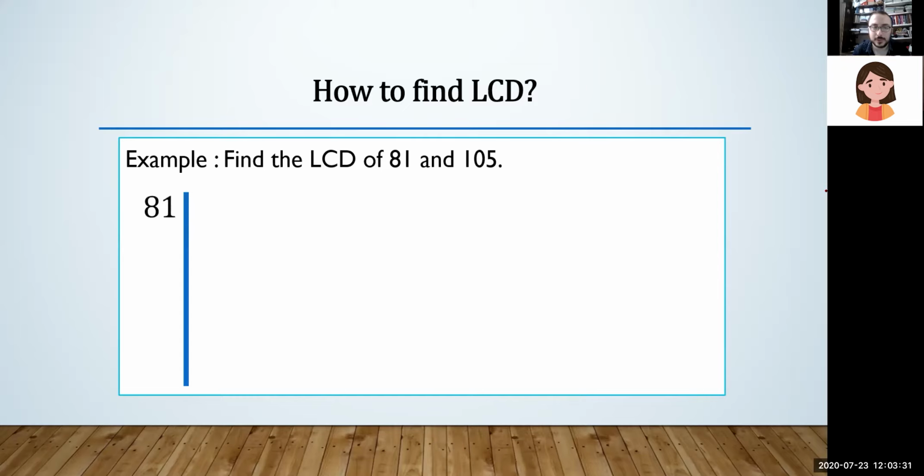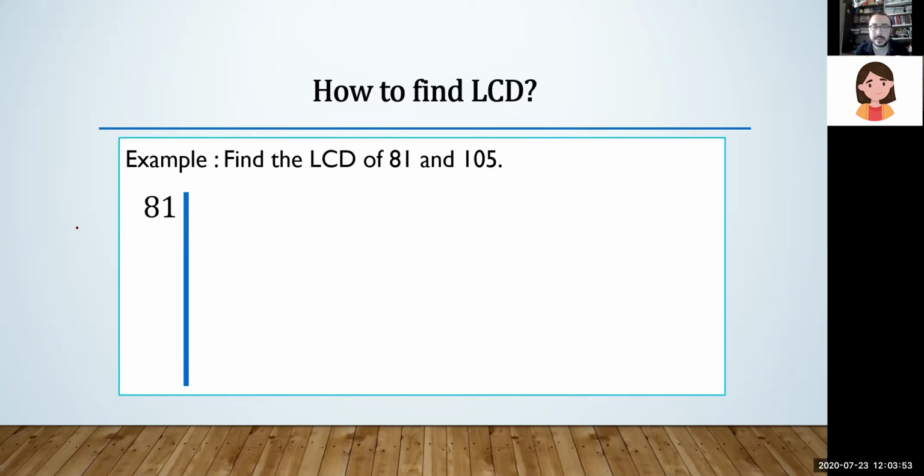I start by decomposing 81. I should divide it by a prime number only. I can't divide it by 4, for example, or 9. I need to divide it by only prime numbers, which are 2, 3, 5, 7, etc.